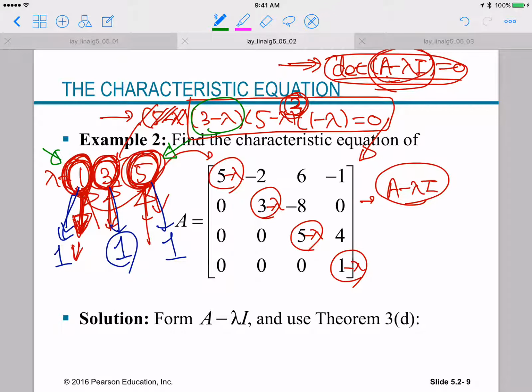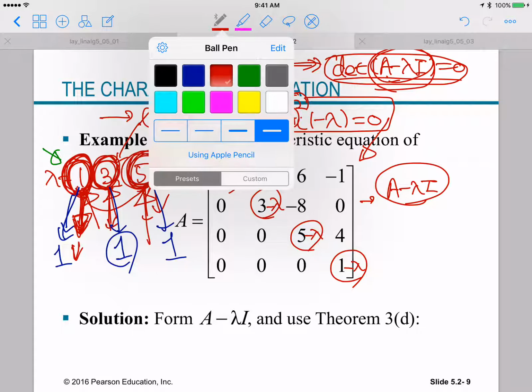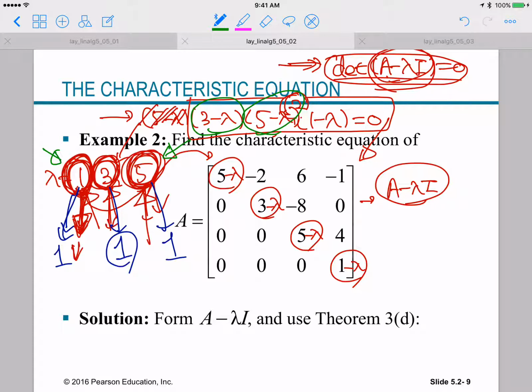And this guy has algebraic multiplicity 2, because we see the solution 5 twice. And this one has multiplicity 1. So these three solutions, let me rewrite it here: 1, 3, 5. These are our lambdas.